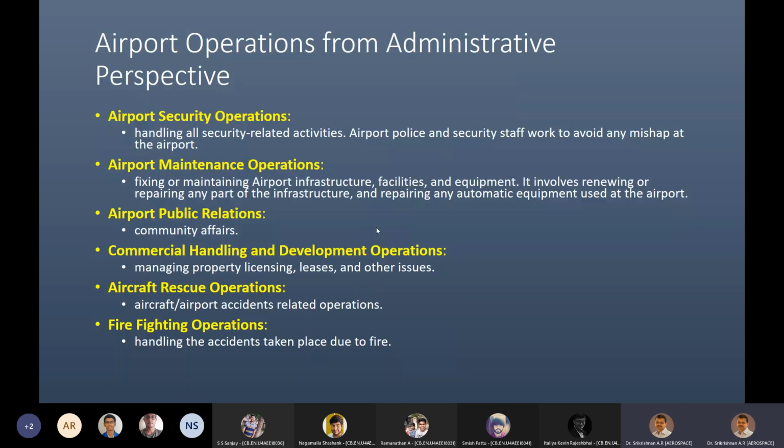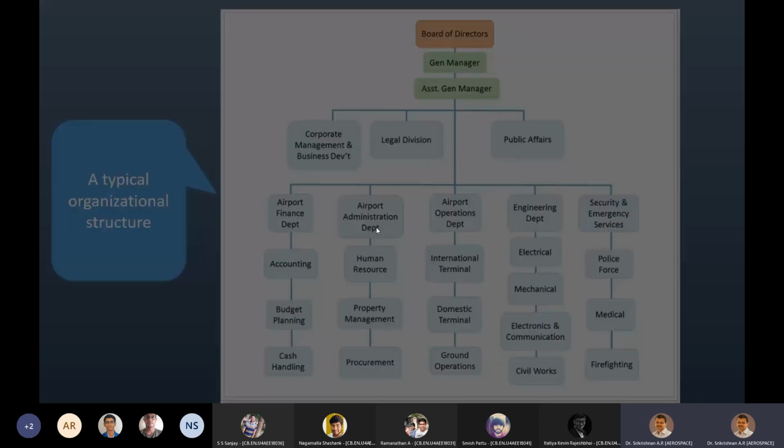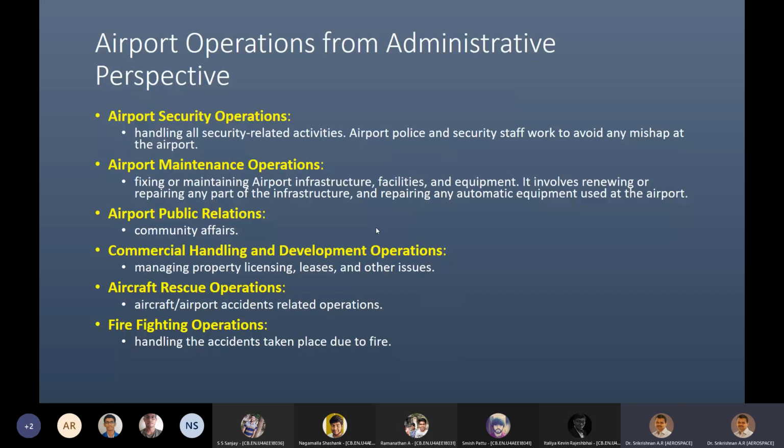So these are some of the activities, some of the administrative category. Actually, you can have even others, because depending on the diversity of operation of the airport, and also the size of the airport, and the traffic, etc., you can have other categories of divisions also, which themselves will have to be updated from time to time.